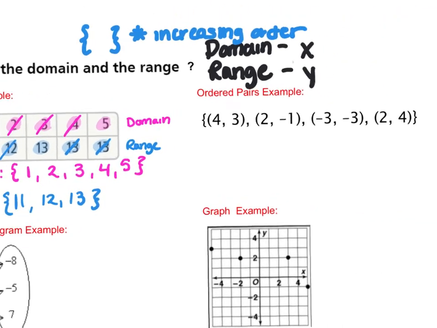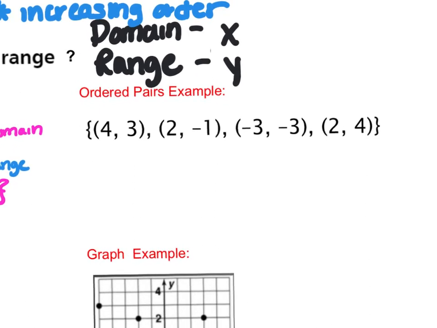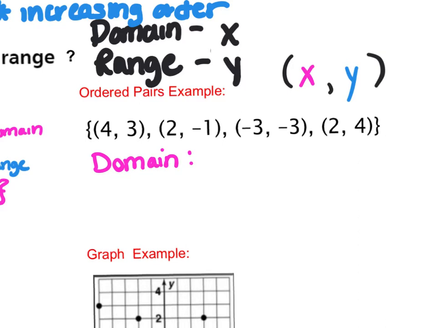Now for ordered pairs, we're still going to use the idea that the domain is the x's and the range is the y's. And when we have an ordered pair, the domain or the x's are always the first number and the range or the y's are the second. So if I want to identify my domain, I'm first going to identify all the x coordinates.